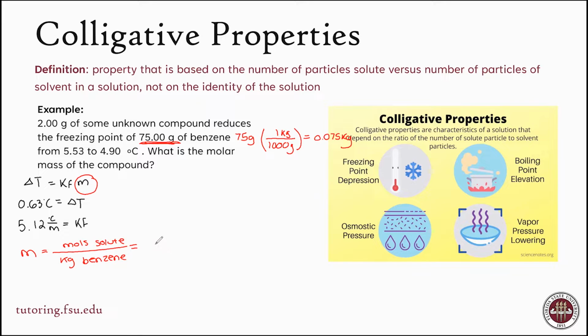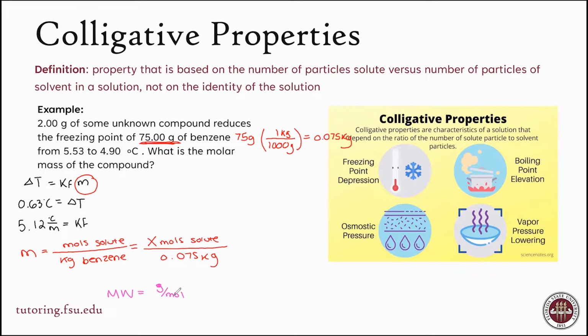So now we have an X number of moles of solute divided by 0.075 kilograms. The only thing that we're left to find is moles of solute, which is exactly the variable we want, because our goal for molar mass or molecular weight is grams per mole.